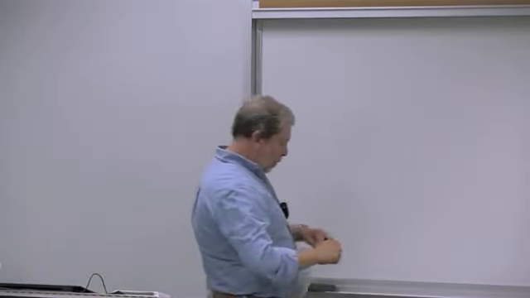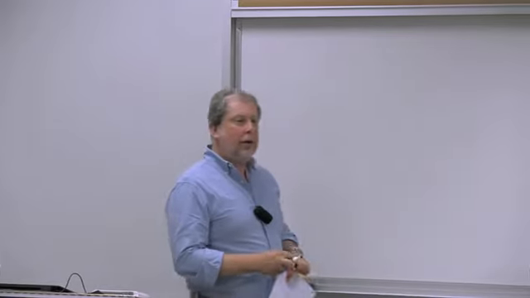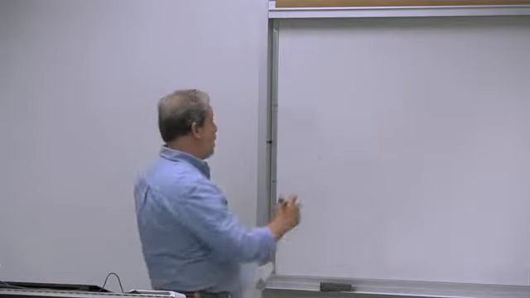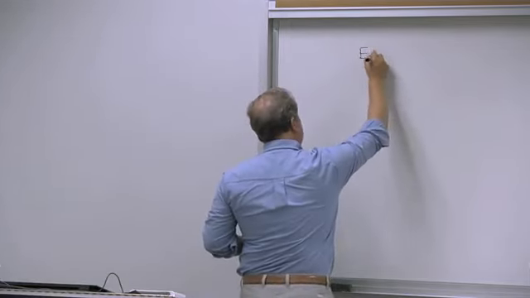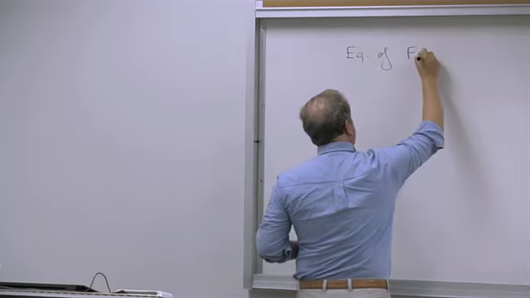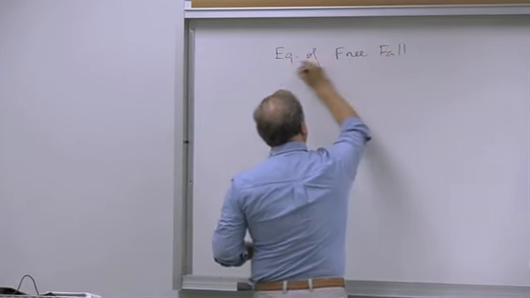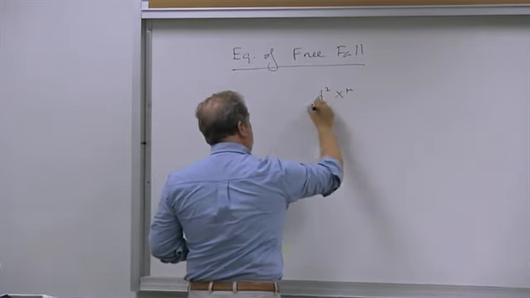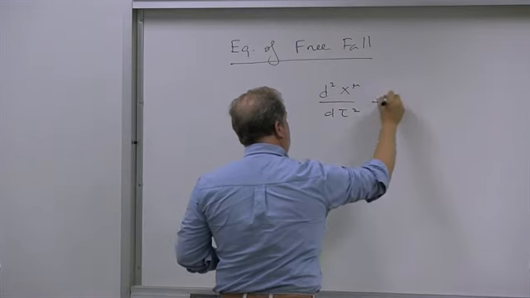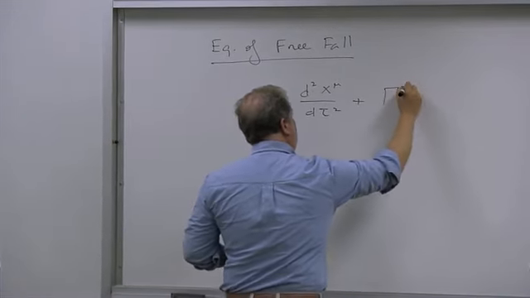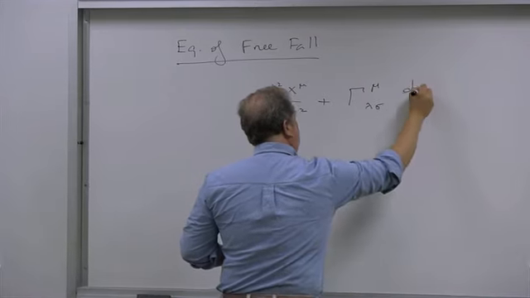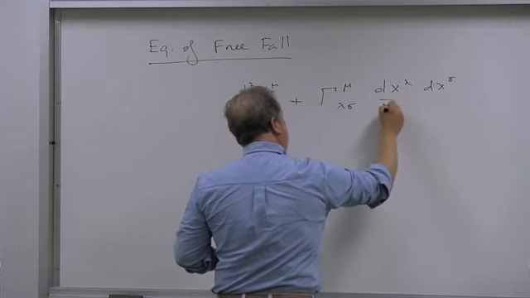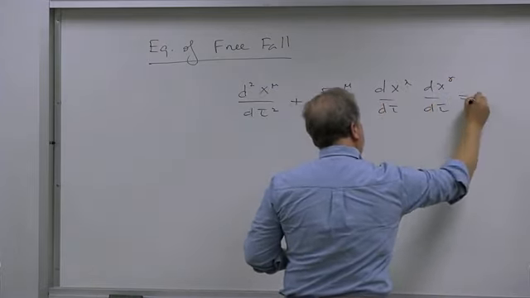And so one of the main things that we learned in the last lecture was the central role played by the equation of free fall, or geodesic equation. So we have that the second derivative of x mu with respect to tau squared plus gamma mu lambda sigma dx lambda dx sigma by d tau is equal to 0.